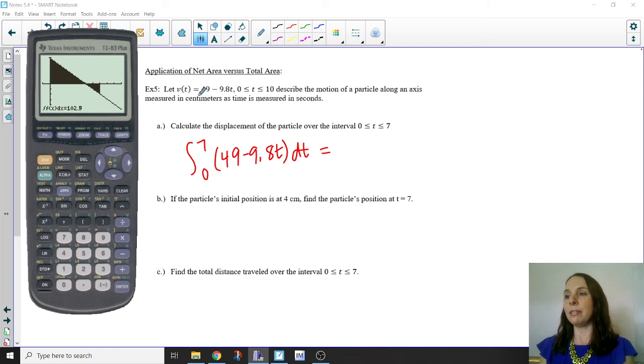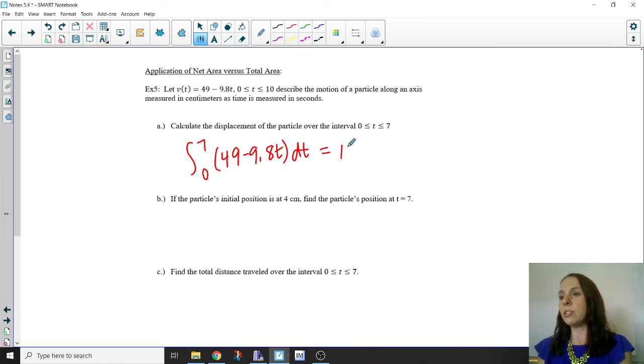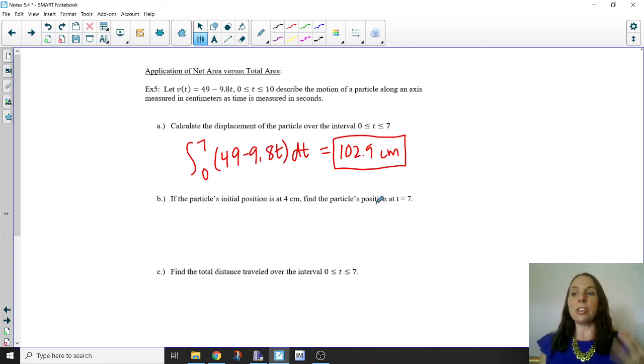This is your negative movement, and that's going to give you your net movement, or your displacement, of 102.9 centimeters. Now that actually might not be where the particle is on the axis at that moment. That's just how it moved. It moved 102.9 centimeters in the positive direction.